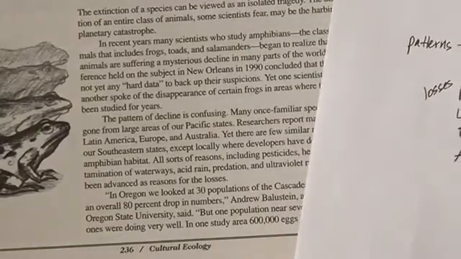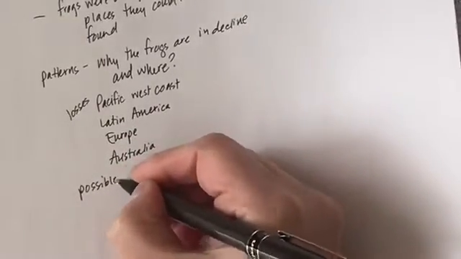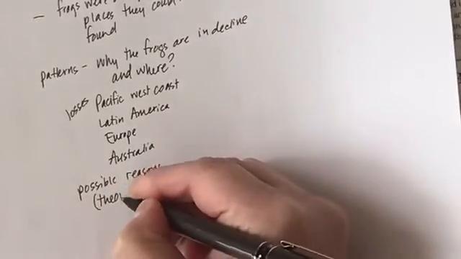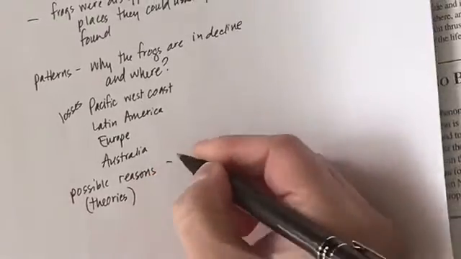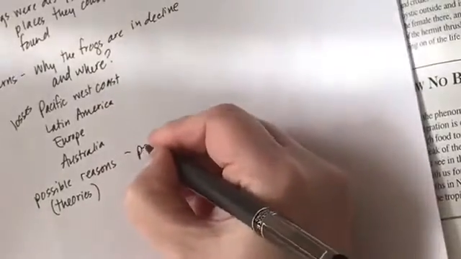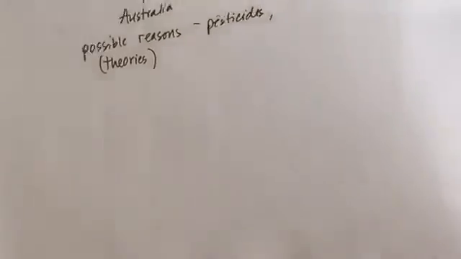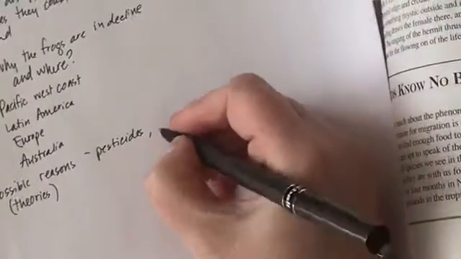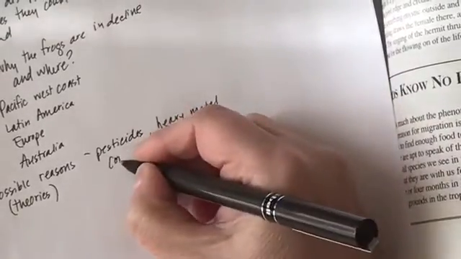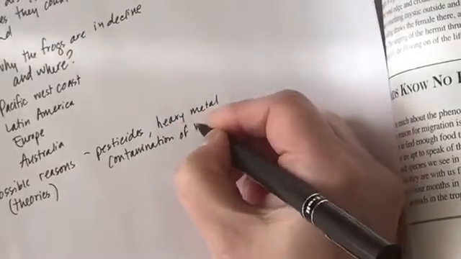And then it lists some possible reasons. And we could call these some theories. So why are the frogs disappearing? What's causing their decline? And here we have pesticides, heavy metals in waterways, heavy metal contamination of waterways.